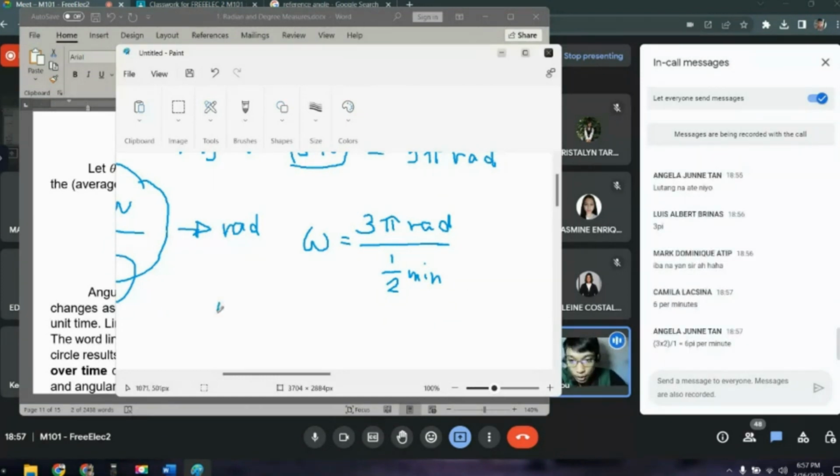So our angular speed is equivalent to 6 pi radians per minute. You can write it over minute, or you can also write it per minute. Or the symbol per minute.